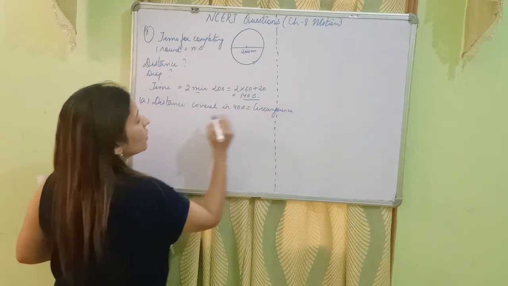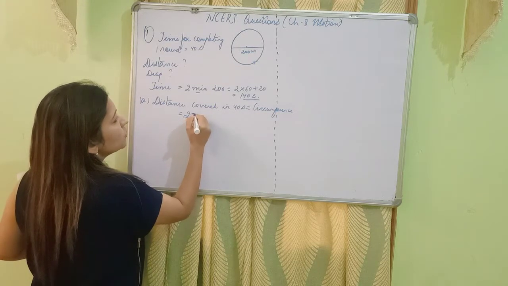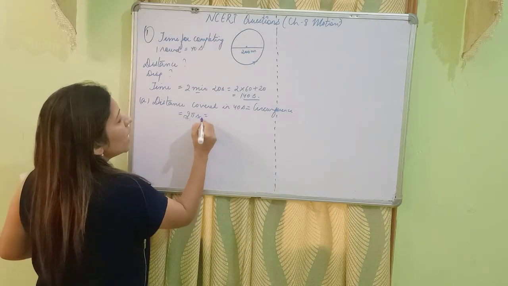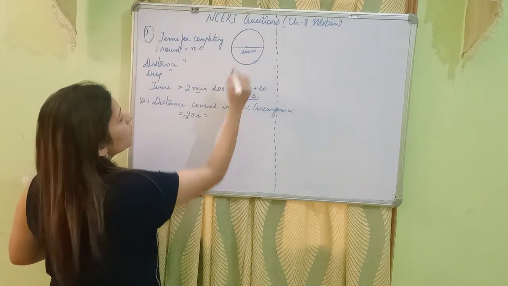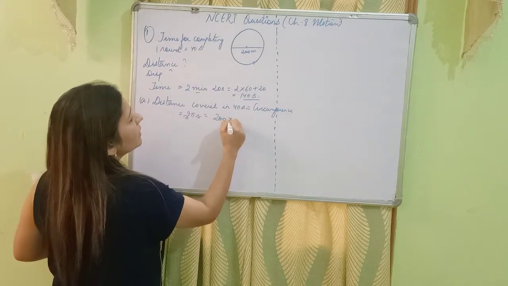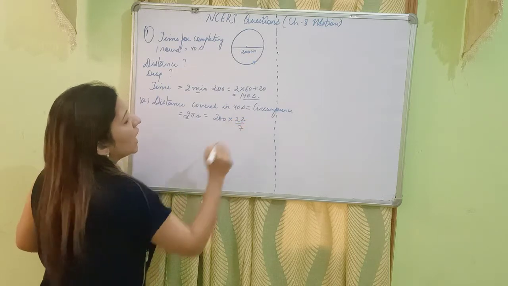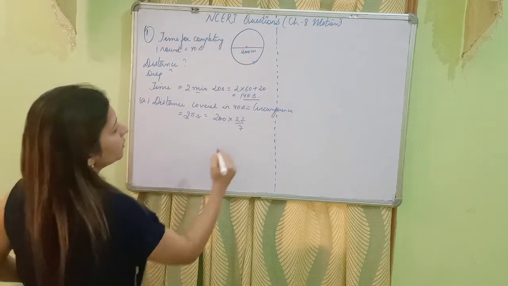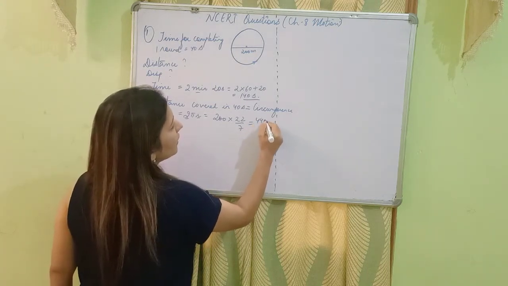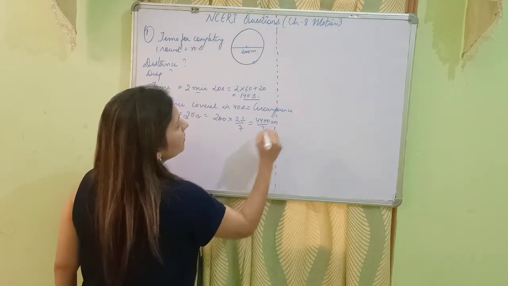Now what is the formula of circumference? It is 2 pi r, or 2r is diameter, it is given to you. Diameter is 200 meter. 200 multiplied by pi is 22 by 7. The answer would come out to be 4400 by 7 meter.